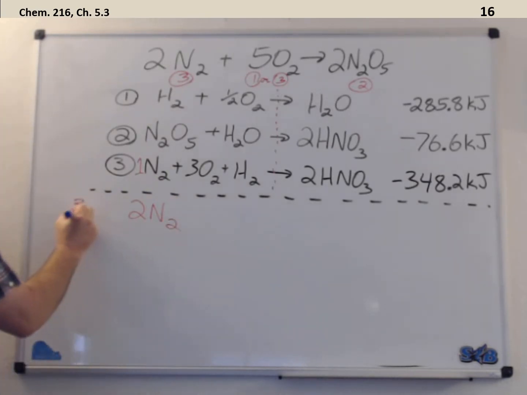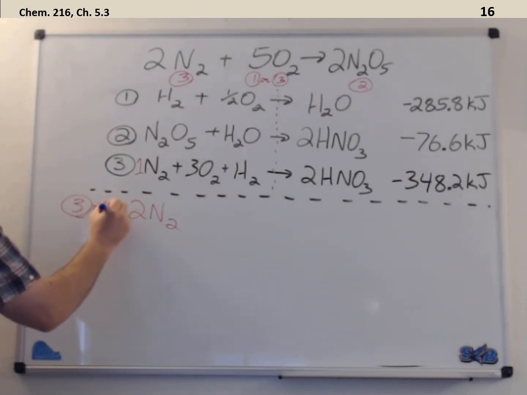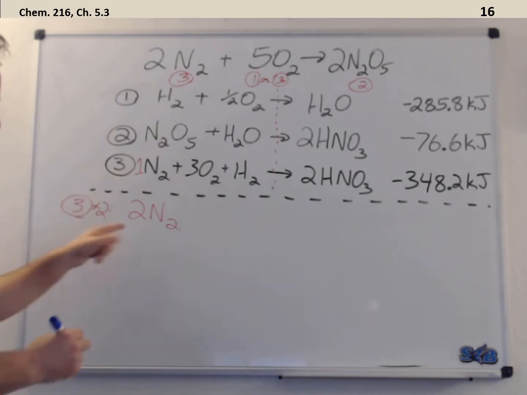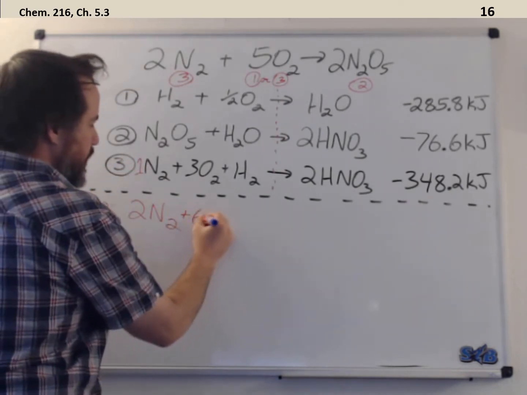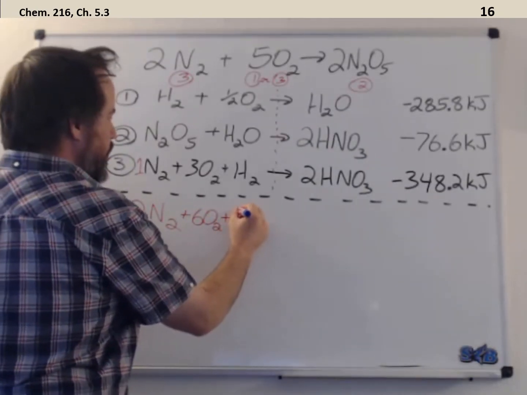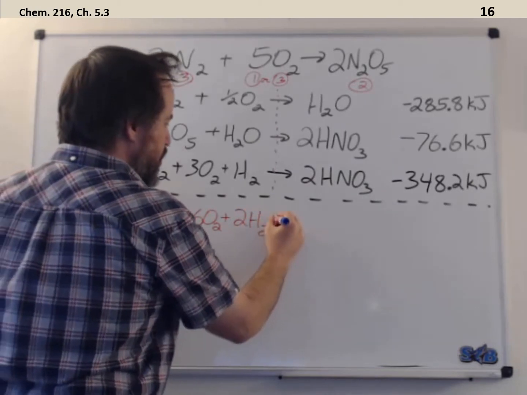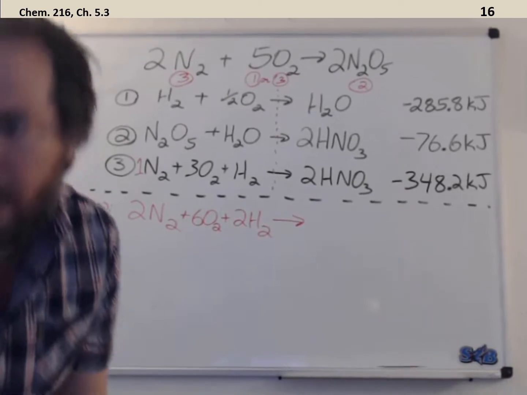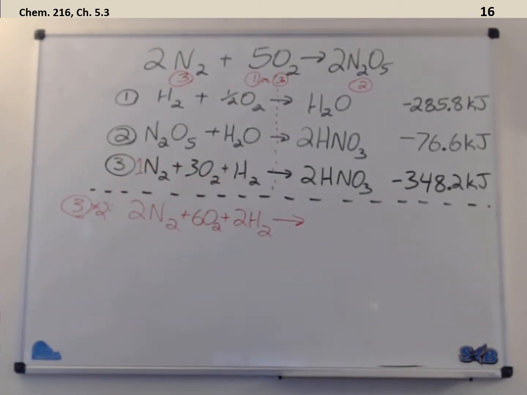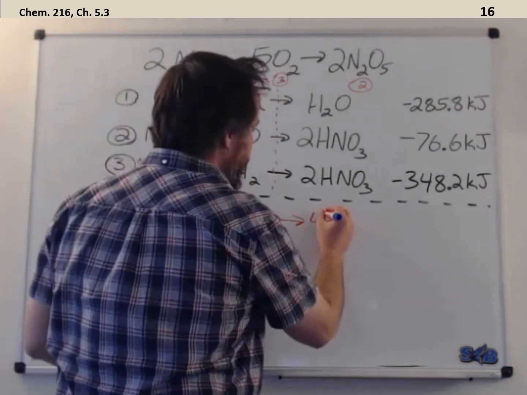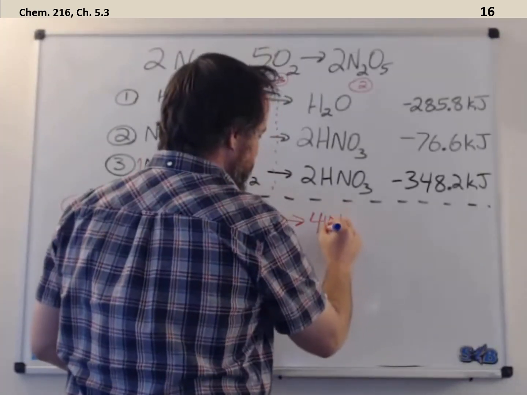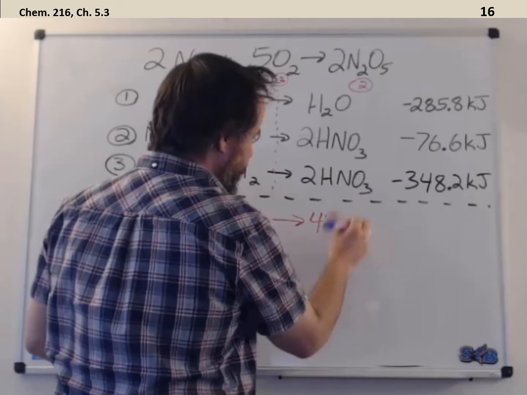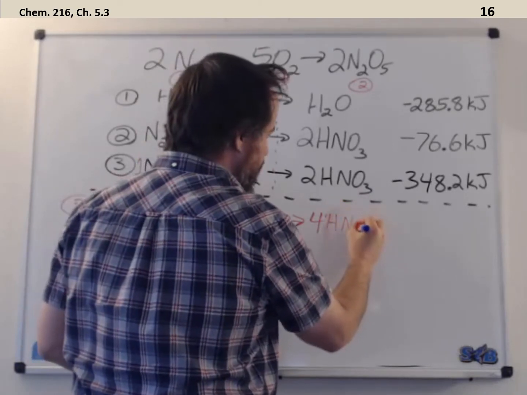So number 3 times 2 is going to get us 2N2 plus 6O2 plus 2H2 going to form 4HNO3.